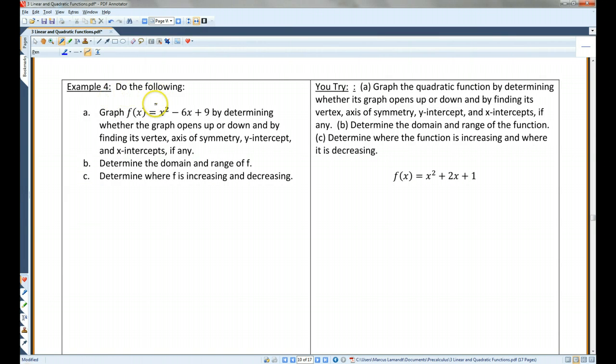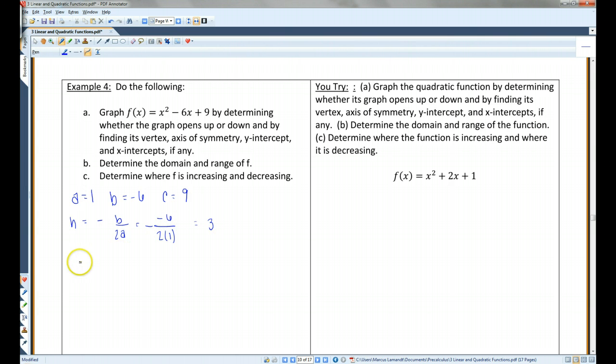Example 4. Graph this by determining whether the graph opens up or down, finding its vertex and axis of symmetry. We know that a is 1, b is negative 6, and c is 9. So this time, rather than completing the square and all that, I'm just going to plug it into the formula. We know that h is negative b over 2a, which is negative 6 over 2 times 1, which gives us positive 3.